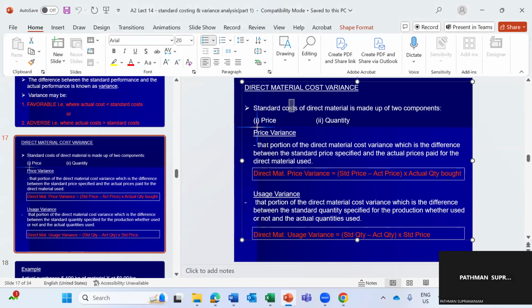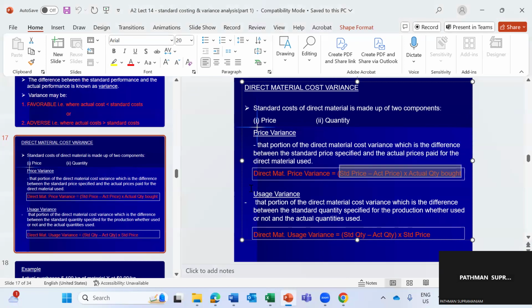Okay, so price variance is that portion of the direct material cost variance which is different between the standard price and the actual price. So this is the formula. Direct material price variance equals standard price minus actual price times actual quantity bought, actual quantity purchased.